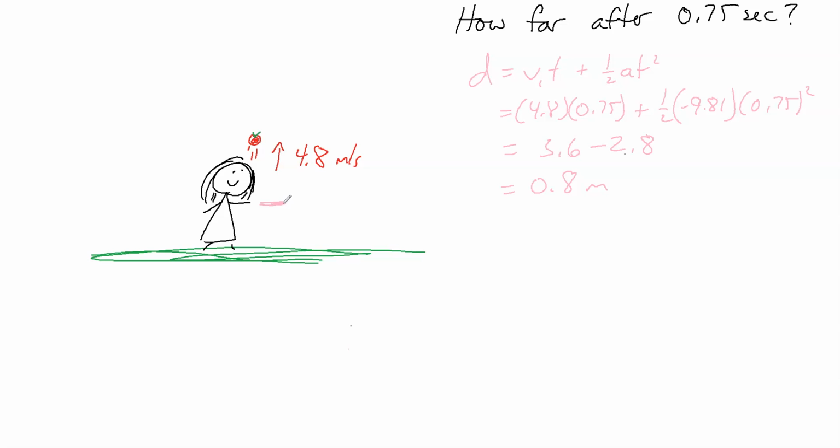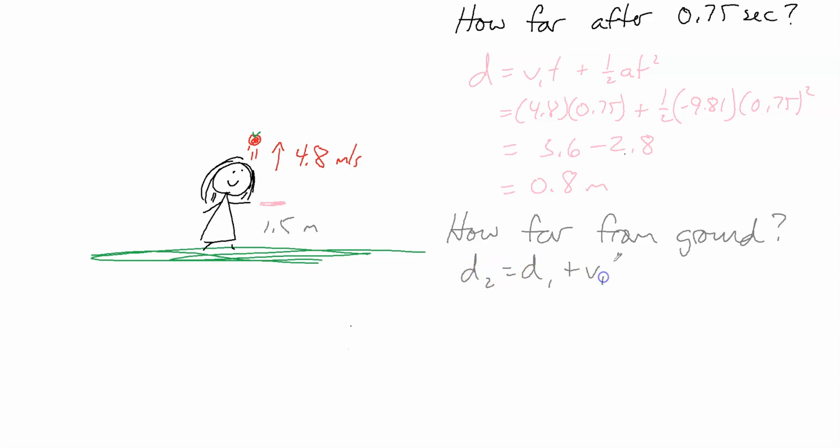So if I change the question, and maybe I knew that her hand was 1.5 meters off the ground, and the question was how far from the ground, you could do the exact same thing, except what some people would do is d2 is equal to d1 plus v1t plus 1/2 at squared, do the exact same calculation for this part, and then that d1 would be the 1.5.